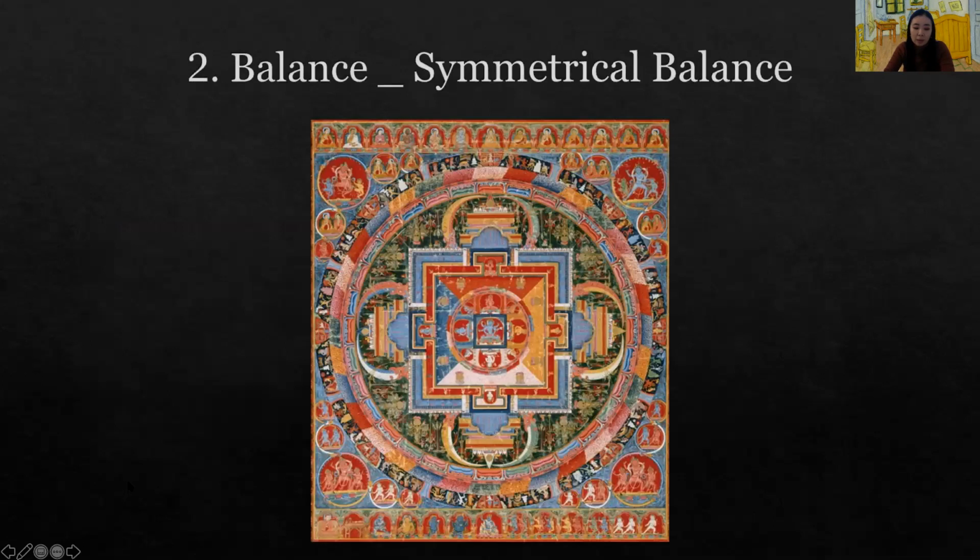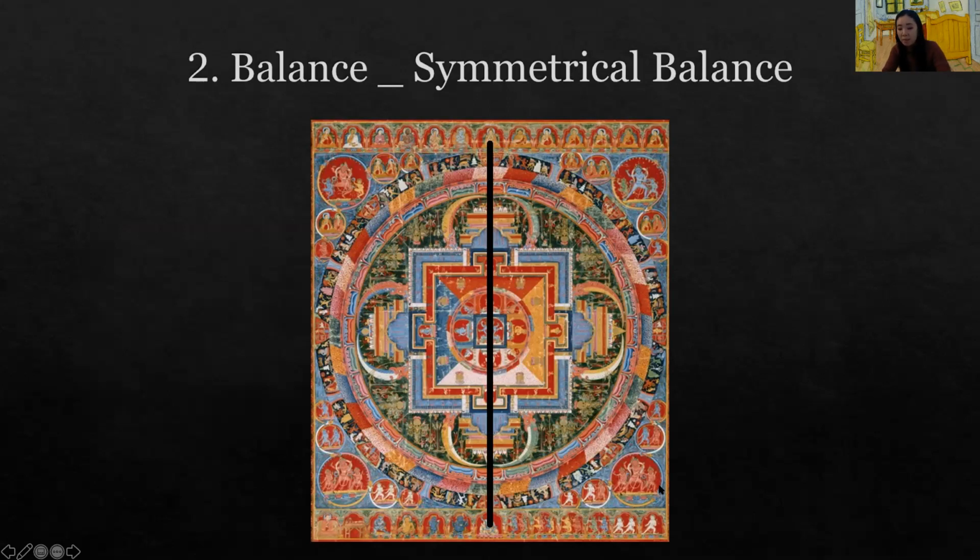Look at this pattern image. There is a vertical axial line on the center of this image. The left side of the imaginary vertical axial corresponds to the right side of the image.